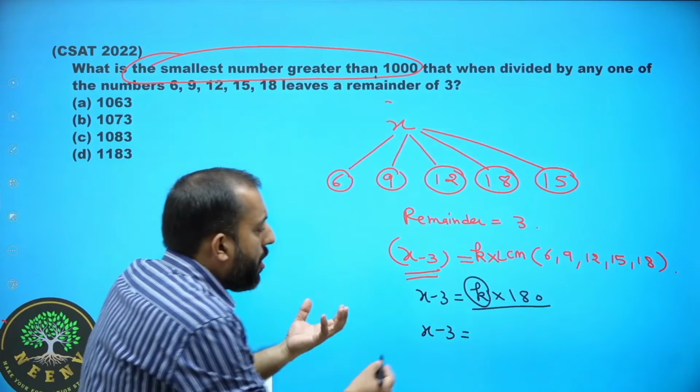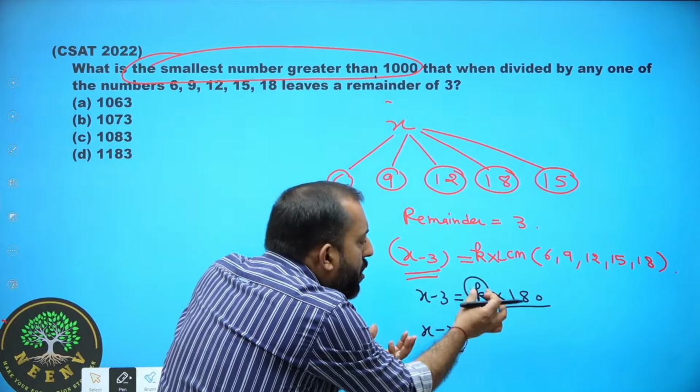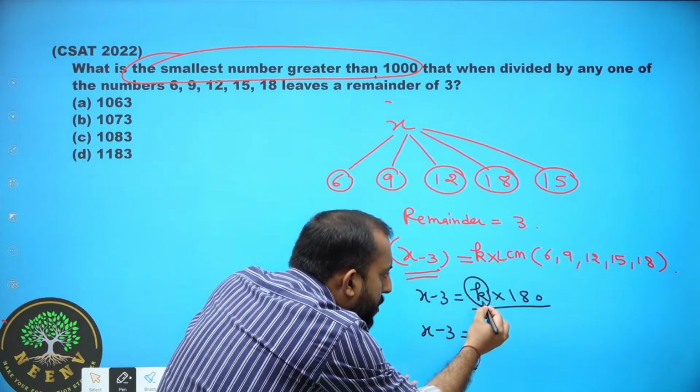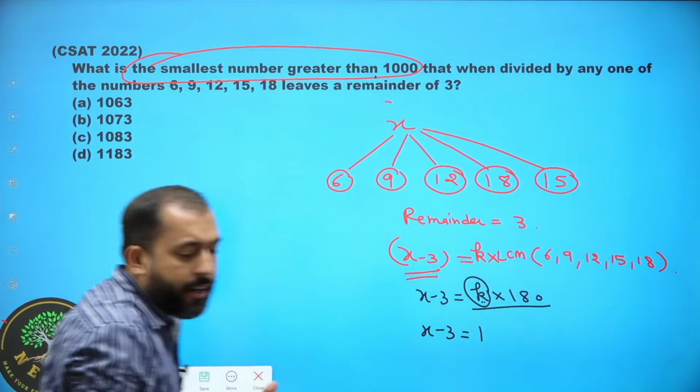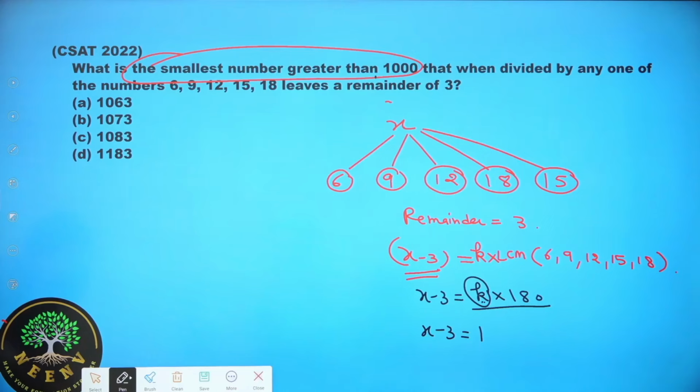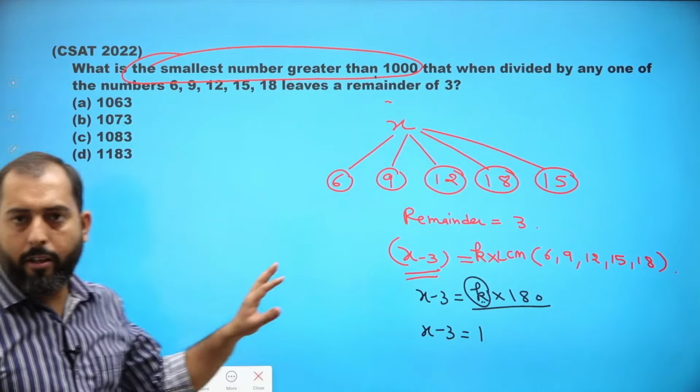So if I put k equal to 10 here, so it becomes, just a second guys. It should not be 180, just a second. k should not be 10, right?